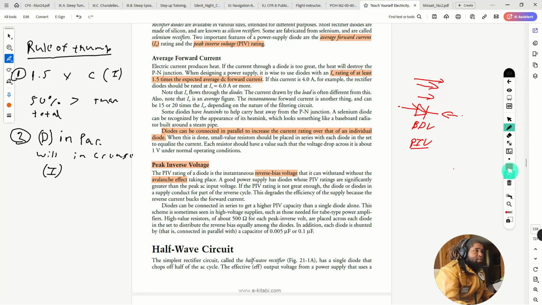So 3 would be PIV greater than peak to peak voltage, we can say.